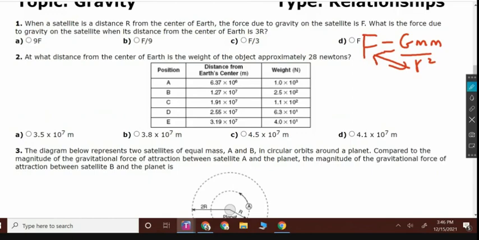When you triple the thing on the bottom, it gets squared, and it's inverse. So the answer is F over 9. It comes from the inverse square. Triple the r, 1/9. If I said 4, it'd be 1/16, and 5 would be 1/25.